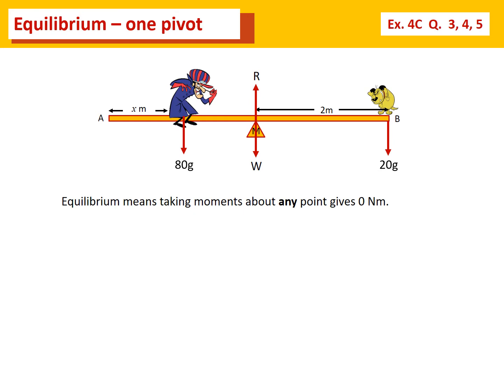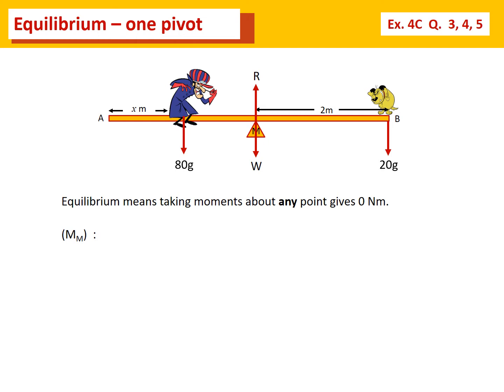Equilibrium, as we said earlier, means we can take moments about any point and we get 0 as our resultant moment. Now, because I've got unknown forces W at M, I'm going to take moments about M. When we take moments about M, any force that acts through the point M has no moment because its distance from that point is 0.